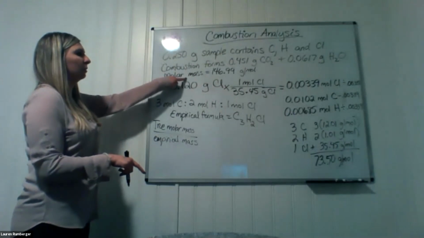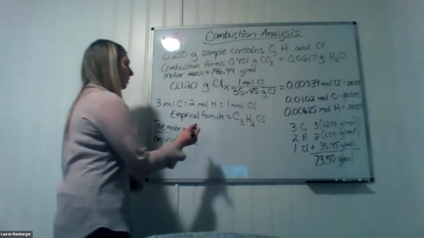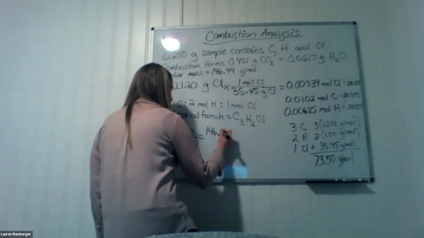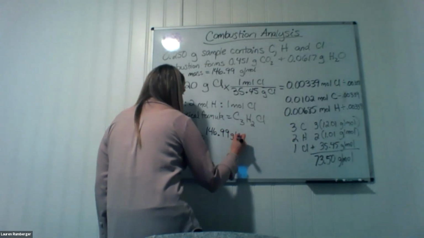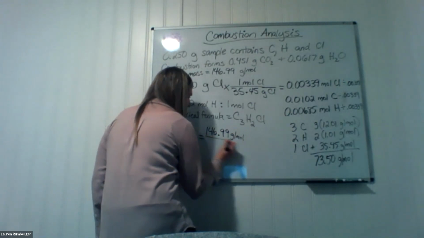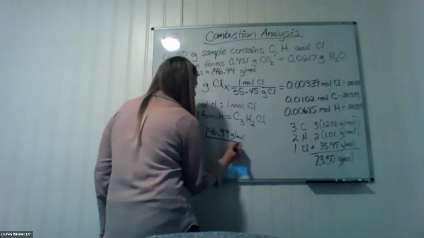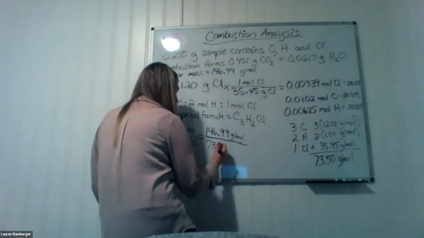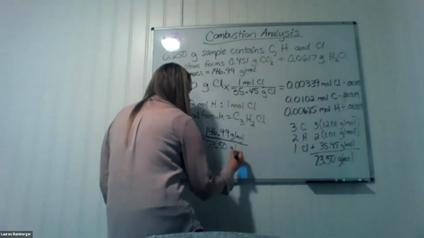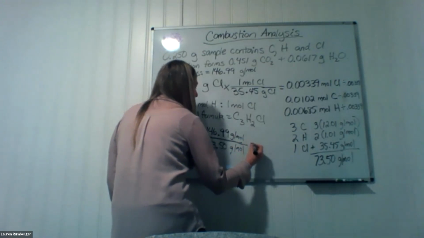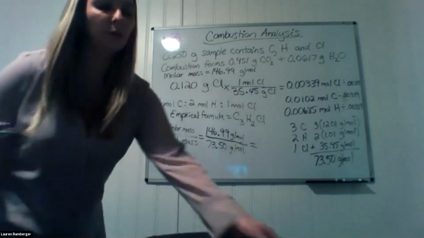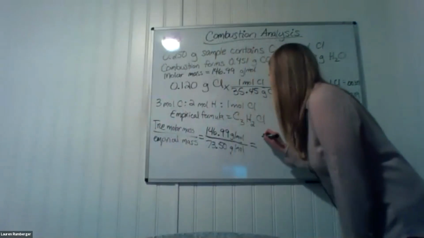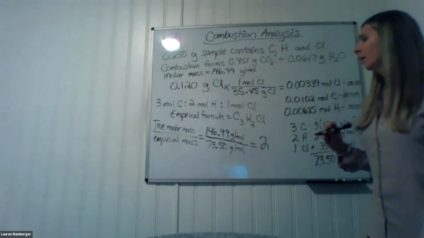The molar mass that was given is 146.99 grams per mole. Dividing 146.99 grams per mole by 73.50 grams per mole is going to give you the whole number factor to be equal to 2.